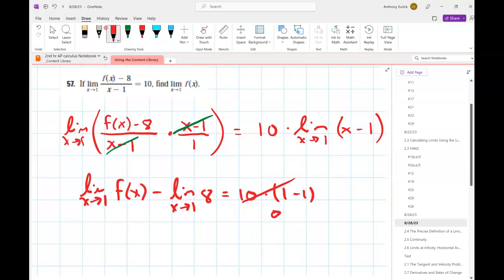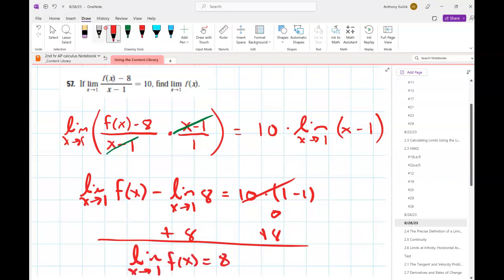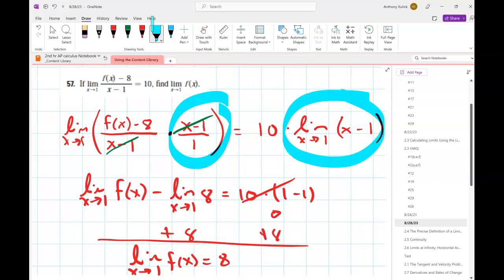The limit of a constant is the constant. So I'll just add 8 to both sides, and we're done. Yeah, well, this is the tricky thing. If you don't realize that, oh yeah, I can do that, just treat that limit as a variable. It works.